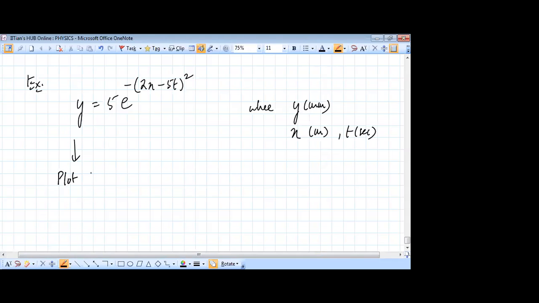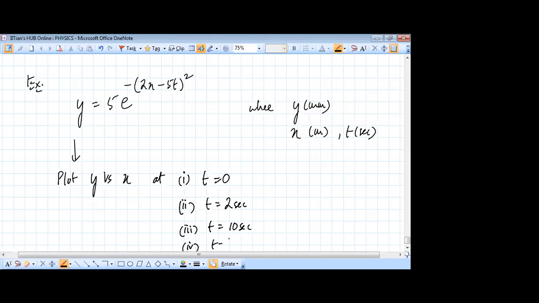Suppose you want to plot y versus x at t equal to 0, then t equal to, let's say, 2 seconds, then t equal to, let's say, 10 seconds, and at a general time t. Okay. So we do that, we will understand how this represents a traveling pulse. Just try this out, people.